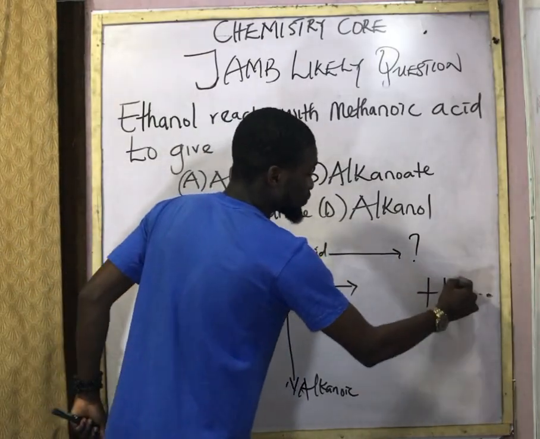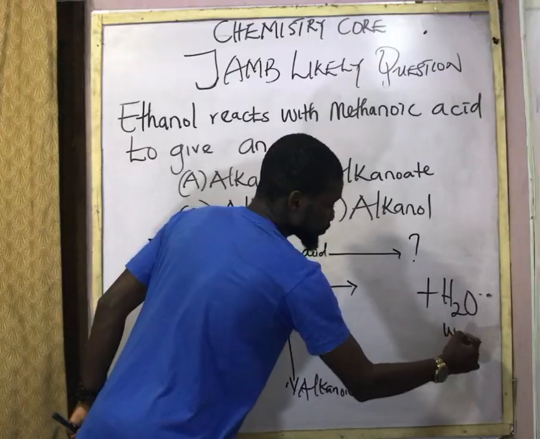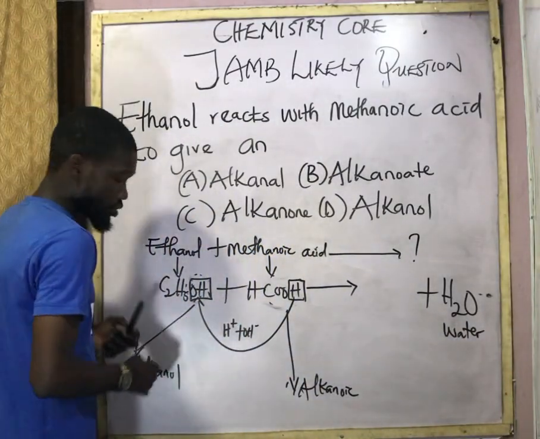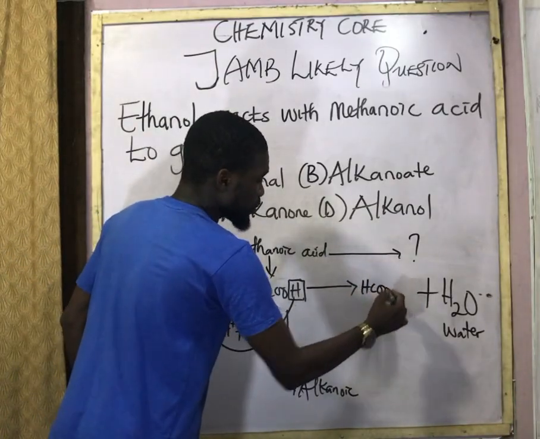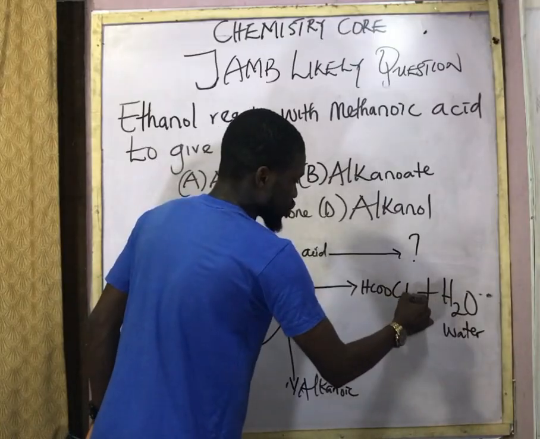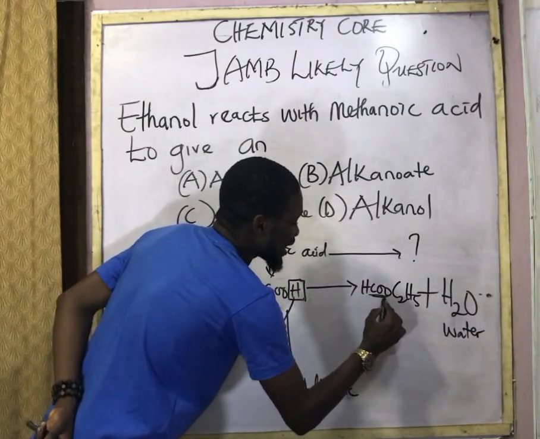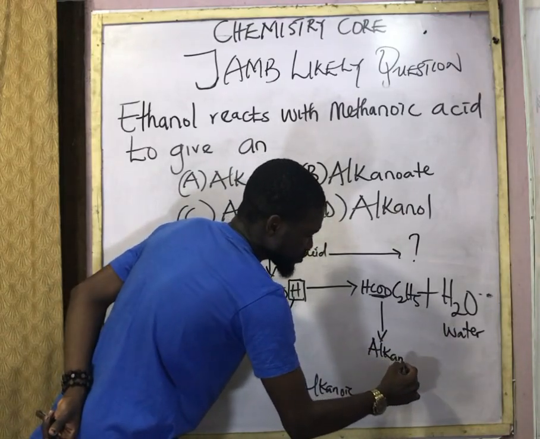We are going to have H2O, water. Now we are left with what? HCOO, and what do we have here? We have C2H5. What I underline here is the functional group of alkanoate.